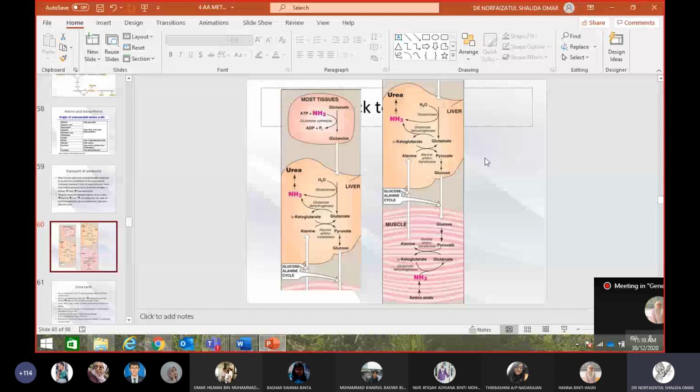Transamination or oxidative deamination? This one is still considered oxidative deamination, although it is glutamate synthase, because this one receives the ammonia.